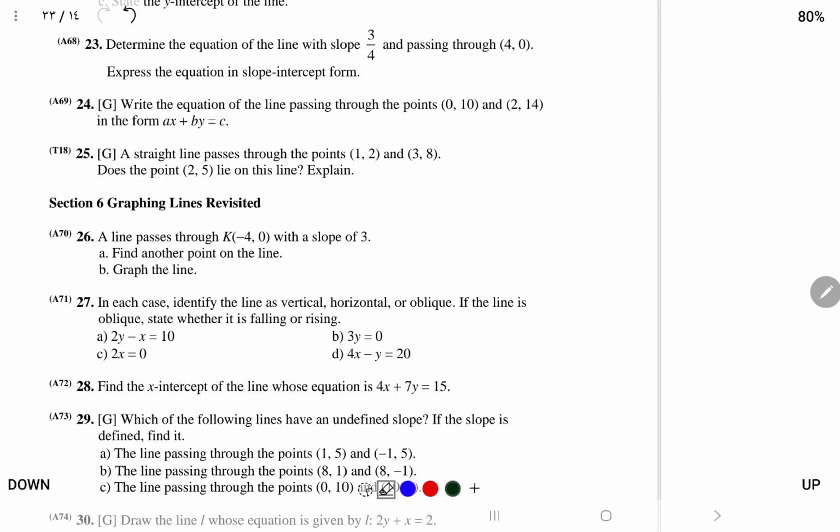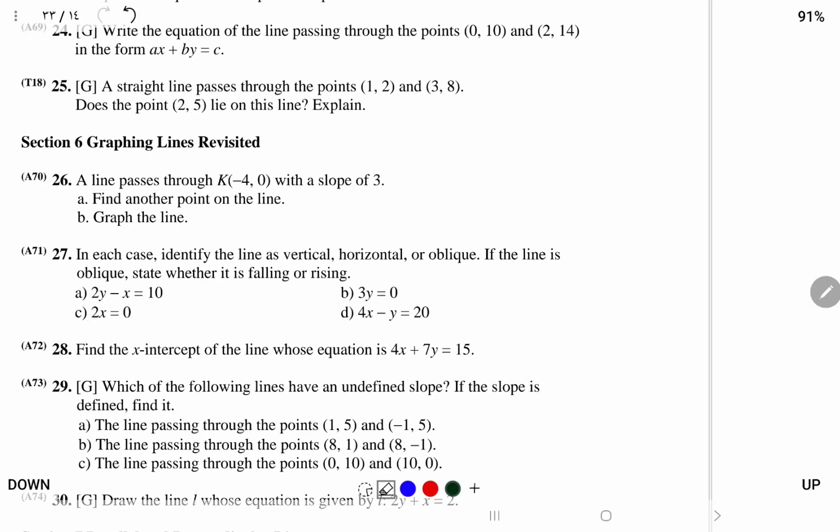Now question number 25. A straight line passes through the points (1, 2) and (3, 8). Does the point (2, 5) lie on this line? To do that, let us find the equation of the line passing through the points (1, 2) and (3, 8).